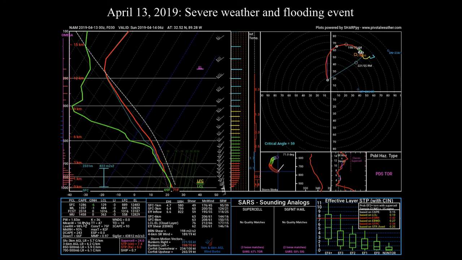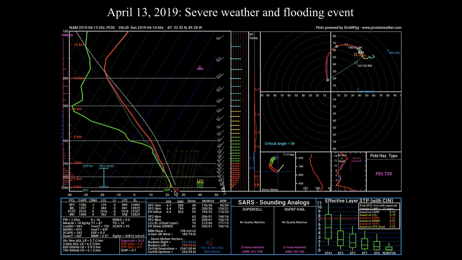And the precipitable water value here, if you can read that, is 1.83 inches. So there's a fairly significant amount of moisture present in this atmosphere. Most of it appears to be concentrated below 500 millibars. Above that, it's pretty dry, but there was enough moisture here to result in some flooding from multiple high precipitation supercells that were tracking over the same area.